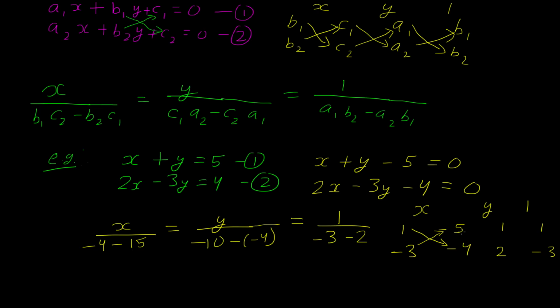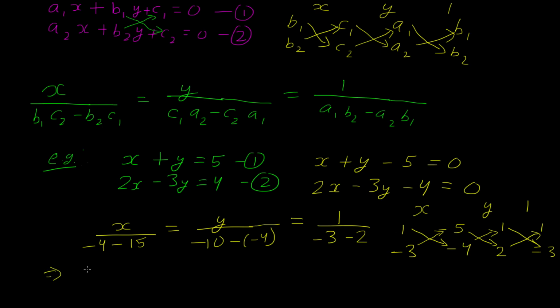y divided by minus 5 times 2 is minus 10, minus of minus 4 times 1, minus of minus 4, and this will be equal to 1 by 1 into minus 3 minus 2 into 1, which is minus 2.